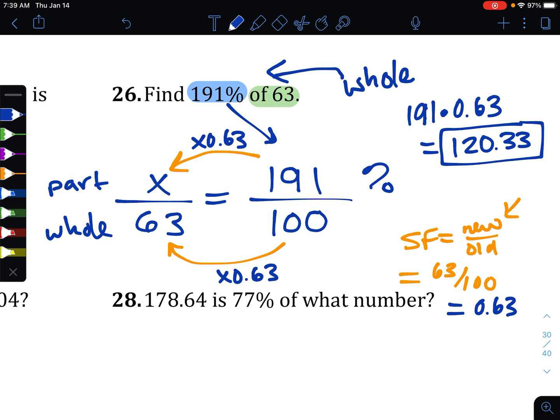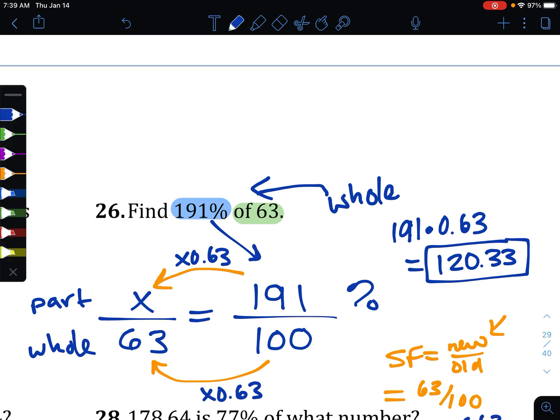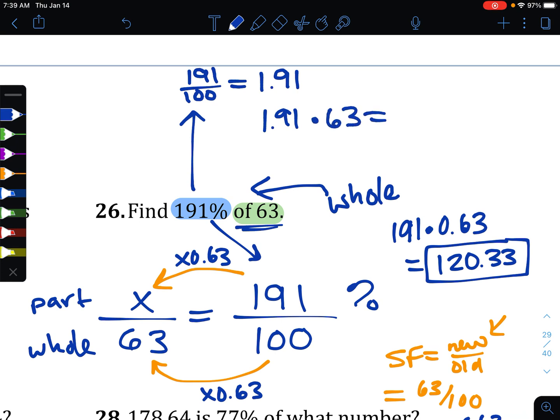Now there is a faster way to do this because we're actually finding the part, which you don't need to use a proportion for. Instead, you could just find the percent as a decimal and multiply it by the whole thing. So 191% would be 191 out of 100. All percents are out of 100, which is 1.91. So you could just do that times 63, and that will give you the part, 120 and 33 hundredths.